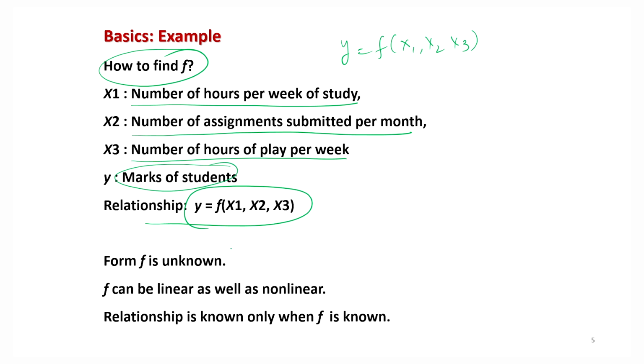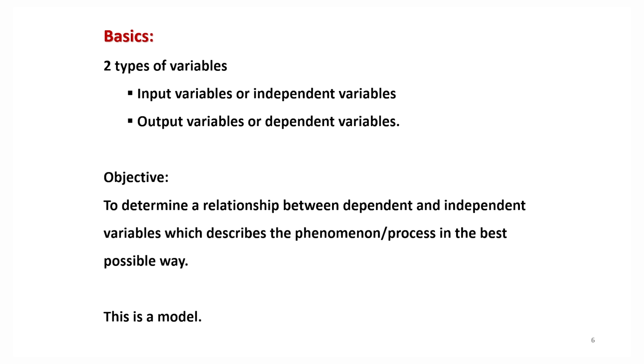So, the form of f is actually not known to us in practice. We don't know, we can simply observe the data, and this form can be linear as well as non-linear. This relationship f is known to us only when the form of the function f is known to us. So, how to handle this situation?